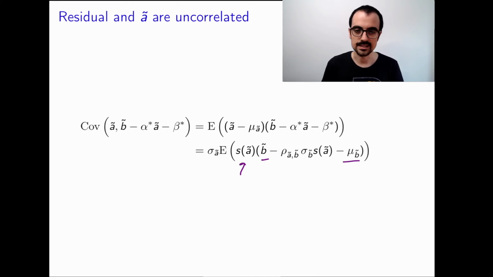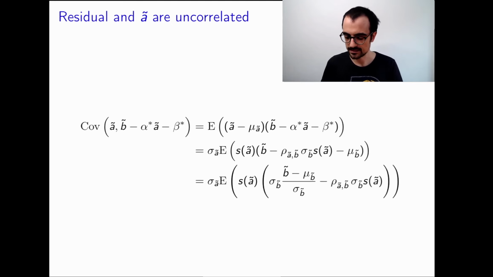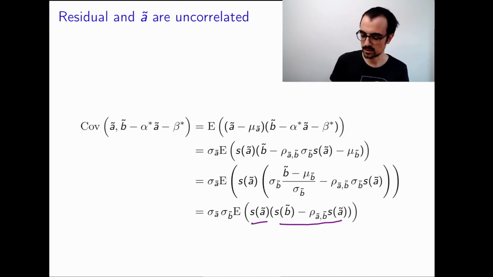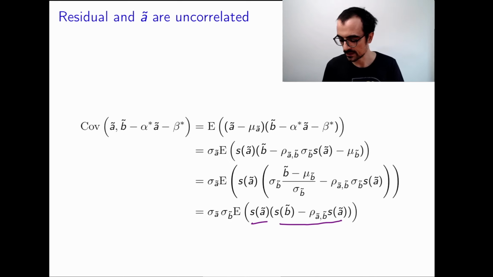Once we plug in the expression for the best linear estimate, we also want to get the standardized version of B because it's going to make our life easy. So we multiply and divide by sigma B. We see that we have this sigma B and this sigma B, so that it can just come out. And we end up with an expression where inside the expectation we have this product of the standardized version of A times S of B minus the correlation coefficient times S of A.